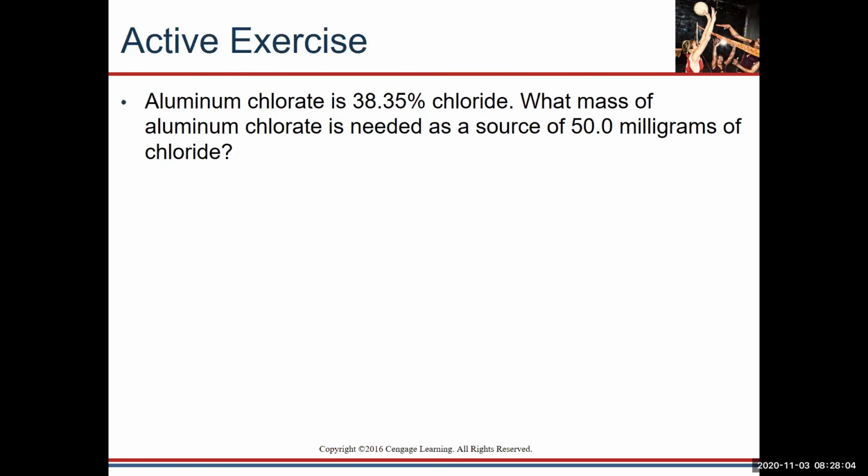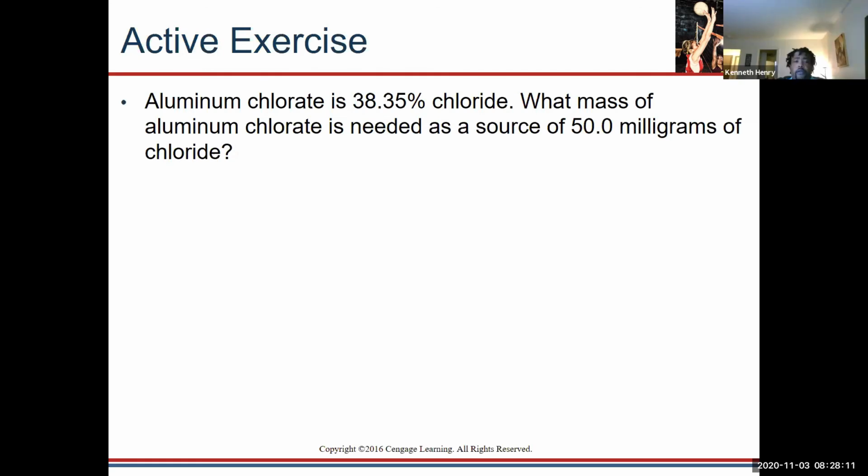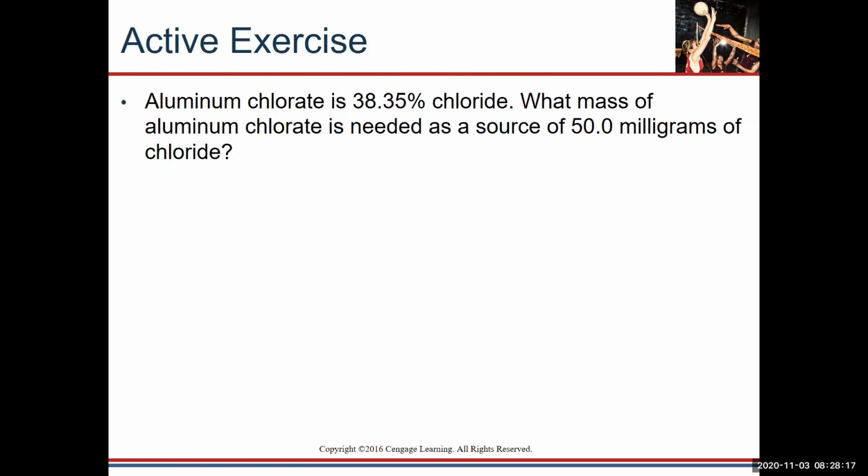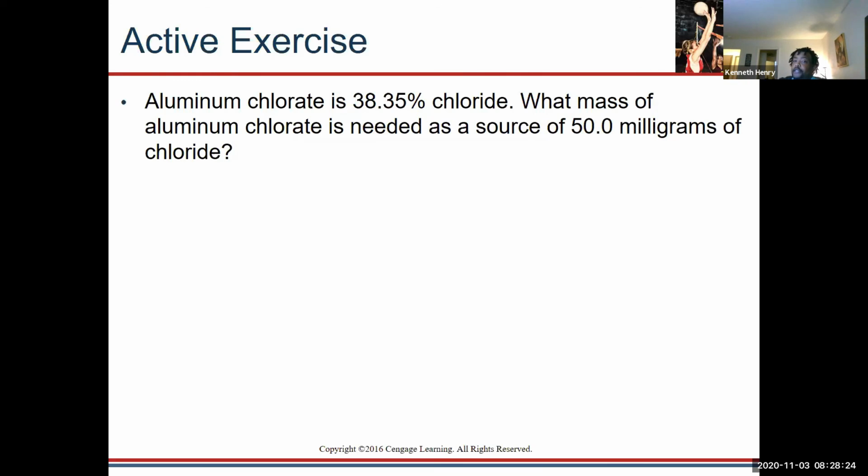Find the percentage of chloride of aluminum chlorate? But why would I do that? Don't they already give me that? Find the molar mass of the rest of it? What is this asking me to find?